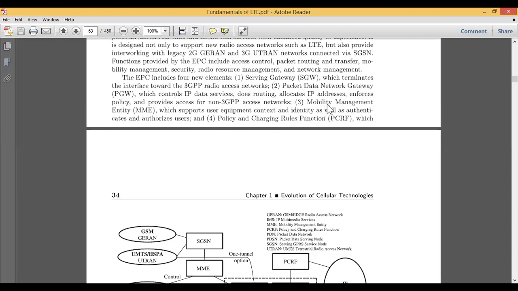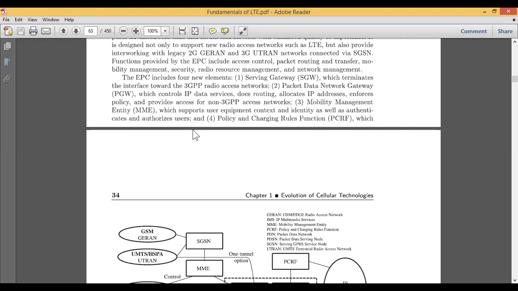And the third here is the mobility management entity, we call it MME. It is a very important part of the LTE. This will support each equipment context and is intended for authentication and authorizing users. Because mobility cannot happen simply in a general manner; we need to have the authorization, and we should also have the authentication.